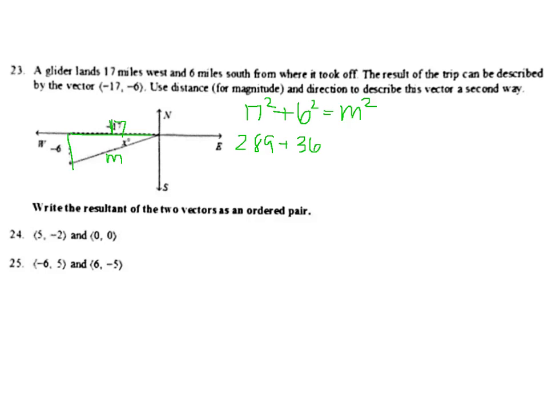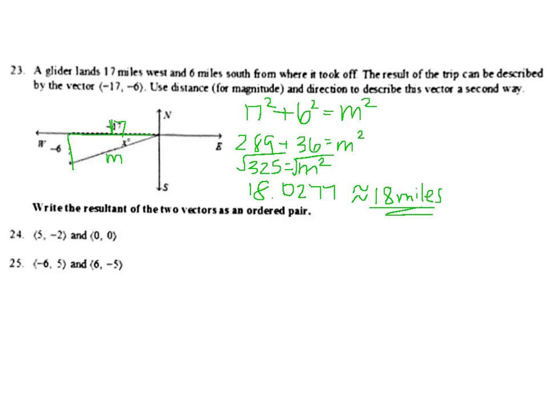And I know that 6 squared is 36. So when I add those two things together, I get 325 equals m squared. If I take the square root, I get 18.0277. So since that's so close to 18, I'm just going to say it's approximately 18 miles. That's my magnitude.